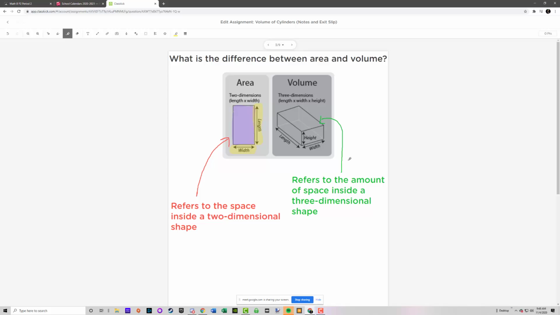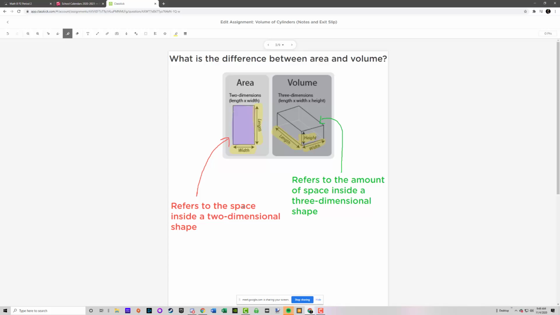Whereas shapes that have volume, yes, it's true that they do have the dimension of length, they have the dimension of width, but they also have the 3rd dimension of height, which is why we refer to shapes with volume as 3-dimensional shapes. 1, 2, 3 dimensions. Whereas over here, this rectangle, only a 2-dimensional shape, the dimension of length, the dimension of width.